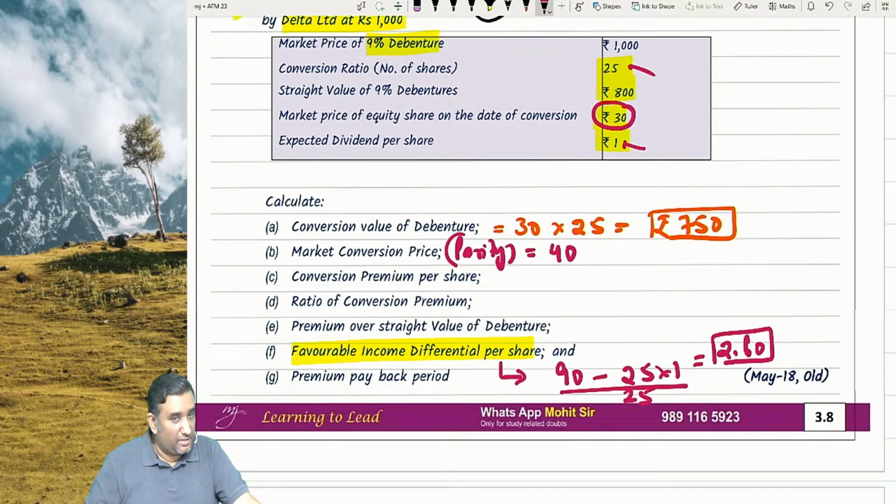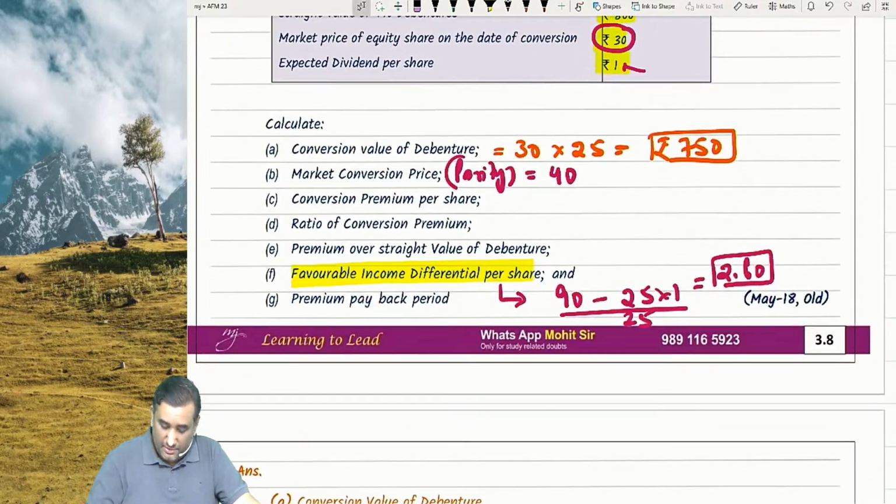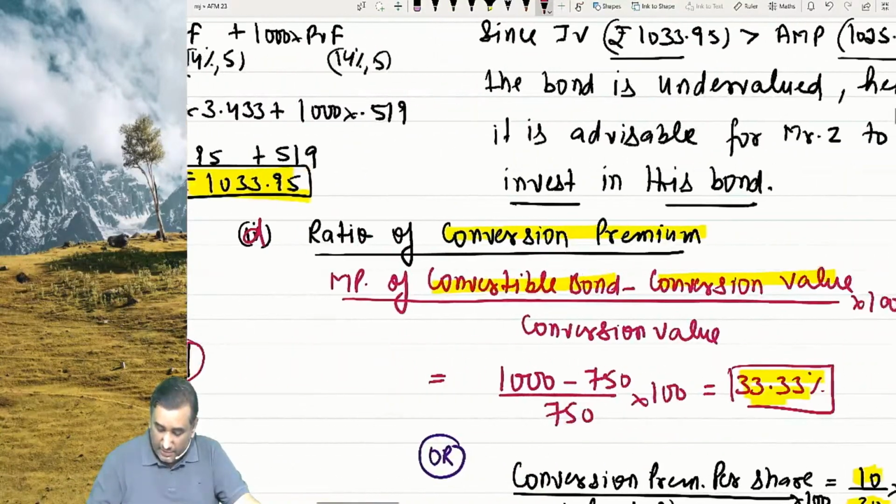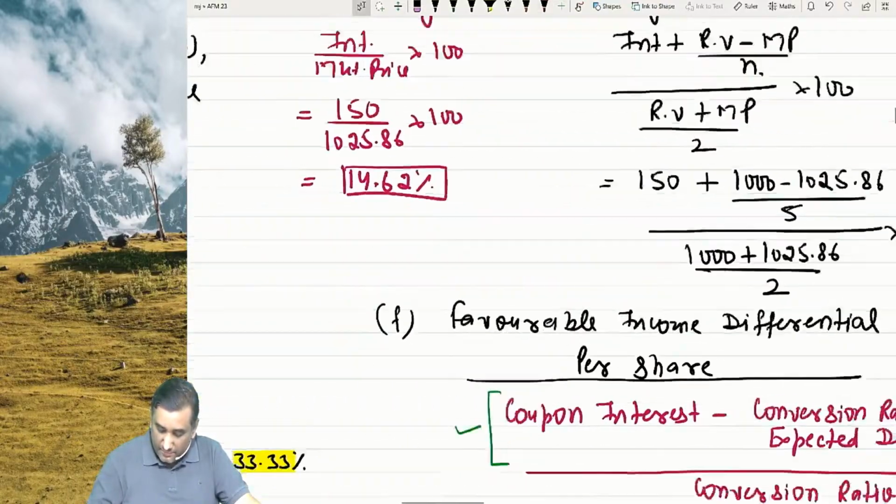How much extra are you paying per share? I think you calculated here. 10 rupees. Another formula, payback period, I can apply: 10 rupees you paid extra, and every year you're getting how much extra? 2.6. I can do it in two ways.